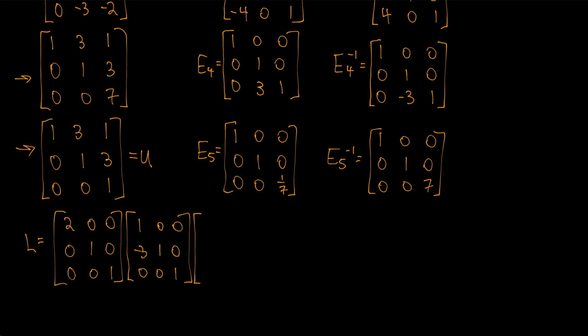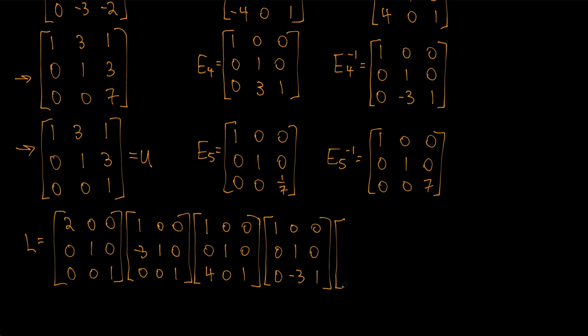That was E2 inverse, and now E3 inverse was 1, 0, 0, 0, 1, 0, 4, 0, 1, and then E4 inverse 1, 0, 0, 0, 1, 0, 0, minus 3, 1, and last matrix to multiply by 1, 0, 0, 0, 1, 0, 0, 0, 7.